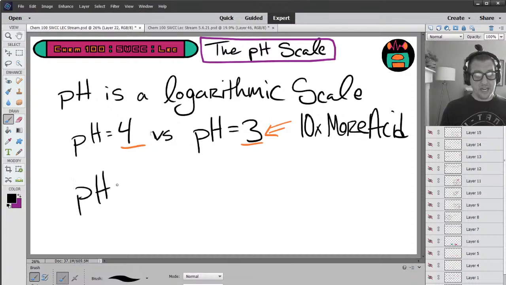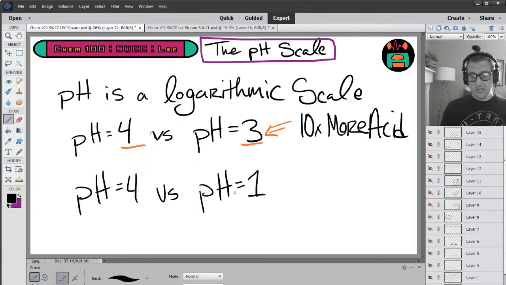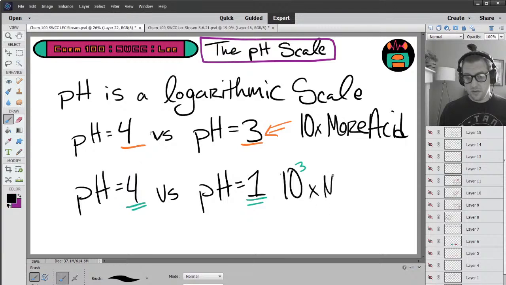If you compare pH 4 versus pH 1, that's a difference of 3, right? This is 10 to the third times more acidic, or 1,000 times more acidic.